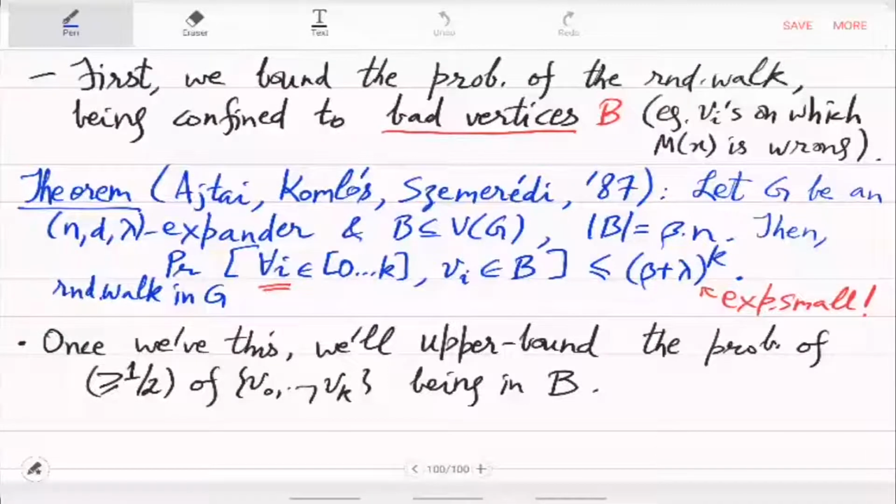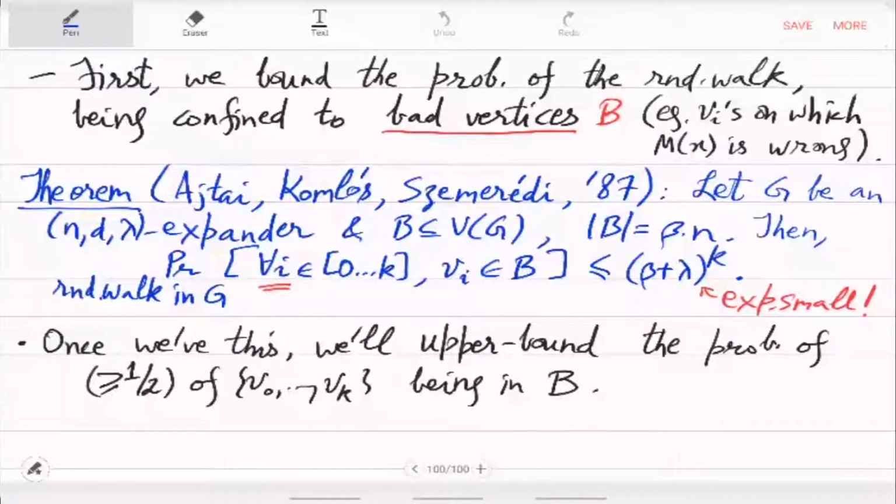Okay, bad vertices, think of them as those strings labeling vertices that are bad for the algorithm. The algorithm makes mistakes on those choices. Let us first show that the probability of the random walk being always in this bad subset B is quite small.